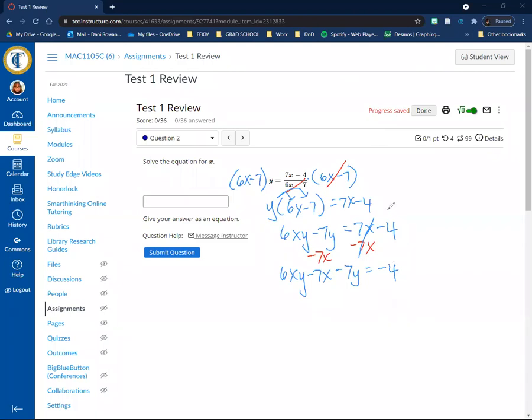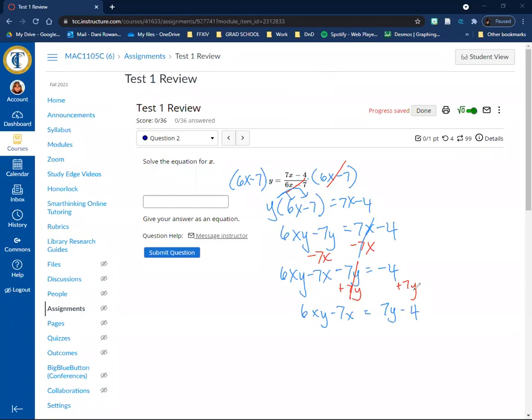What's our next step here? Move the y's. Yeah, let's get the y's all on the other side, right? So let's add 7y to both sides. And now we have 6xy minus 7x equals 7y minus 4.